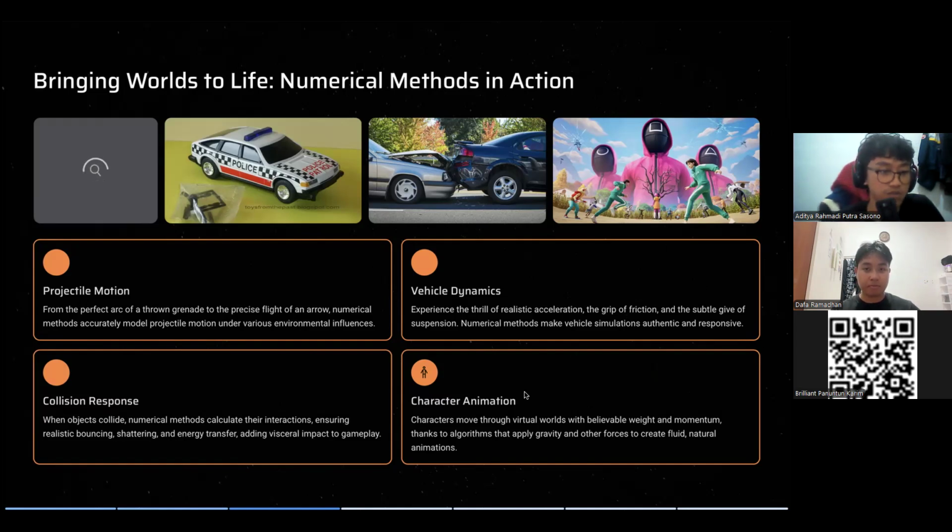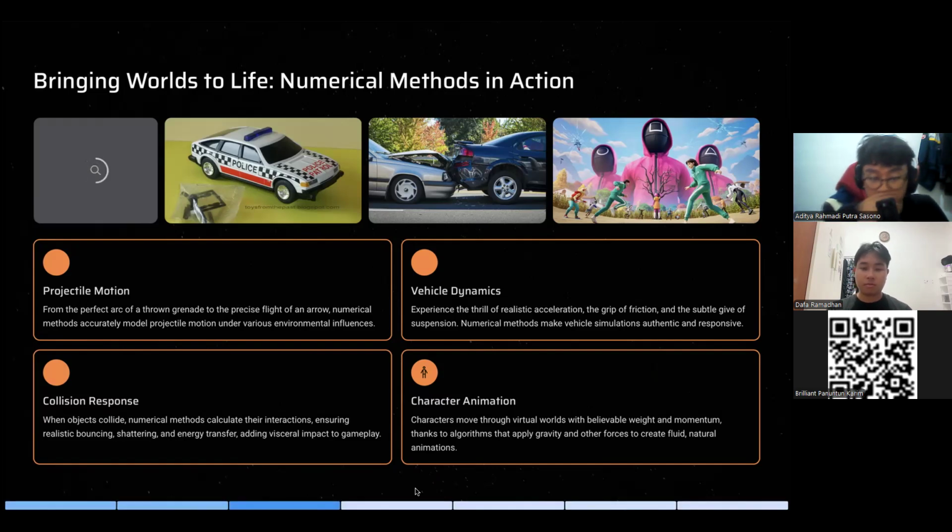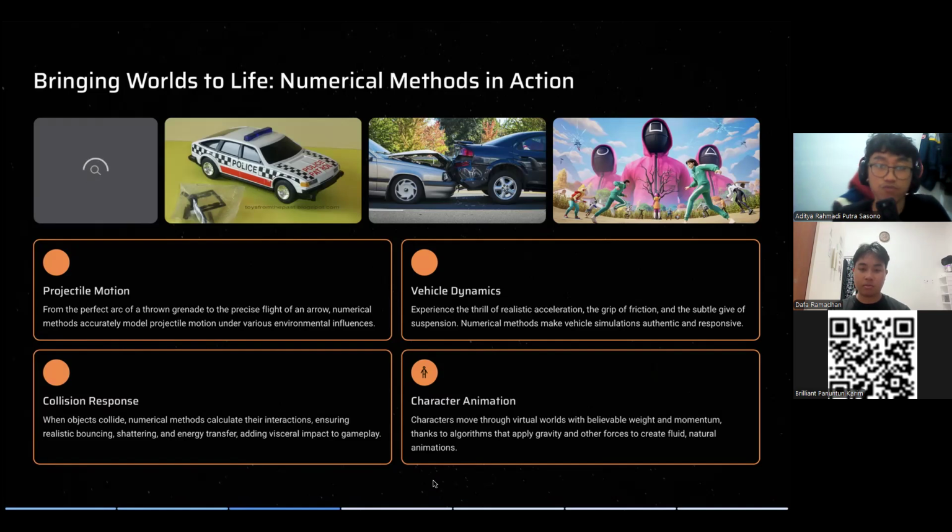For collision response, when objects collide, numerical methods calculate their interactions, ensuring realistic bouncing, shattering, and energy transfer, adding visual impact to gameplay. And for character animation, characters move through virtual worlds with believable weight and momentum, thanks to algorithms that apply gravity and other forces to create fluid, natural animations.